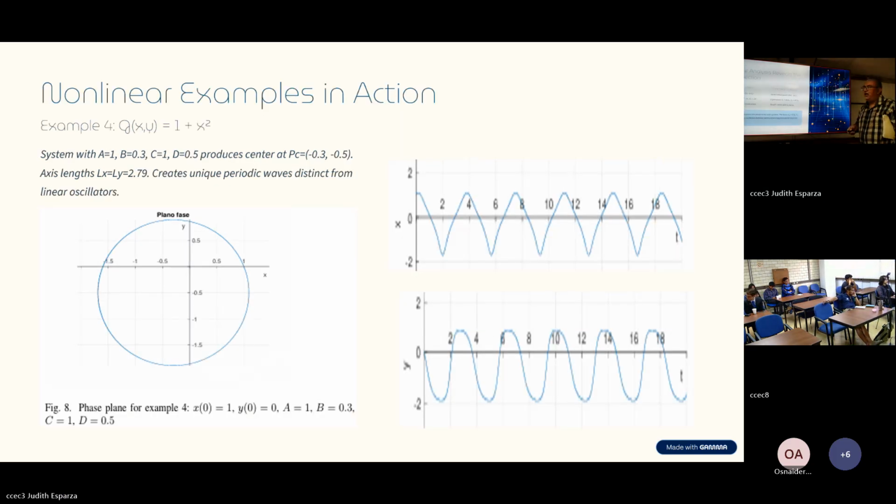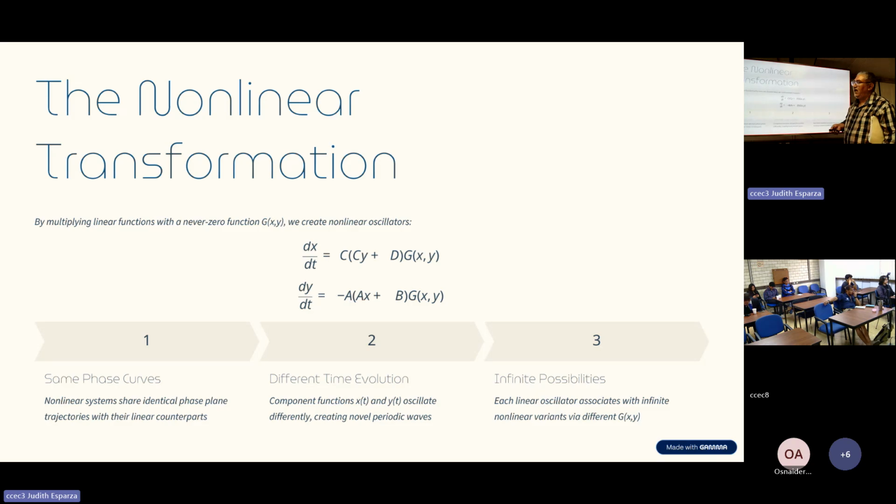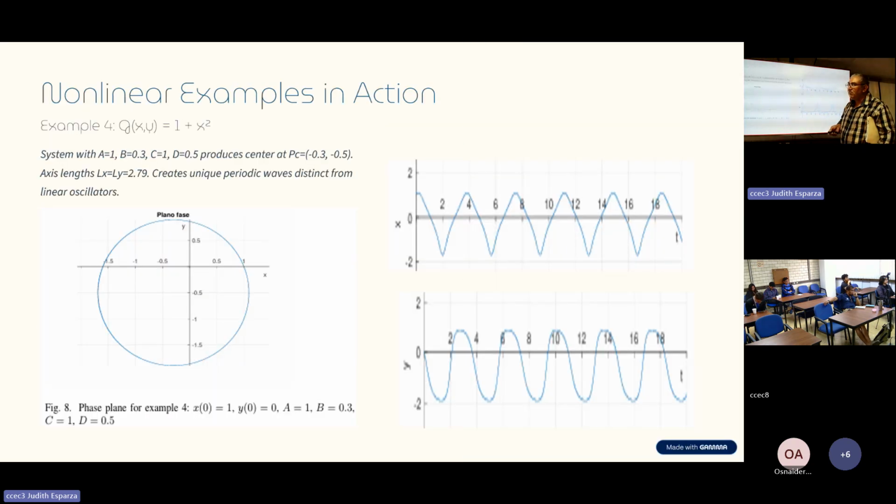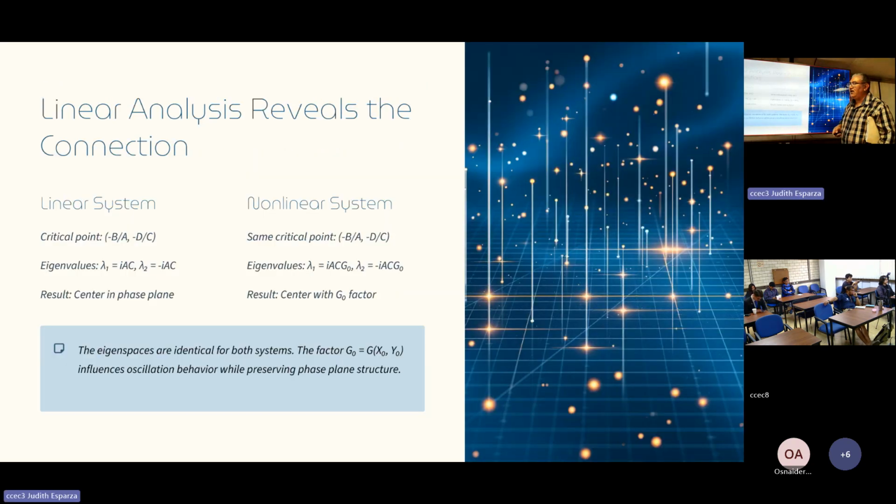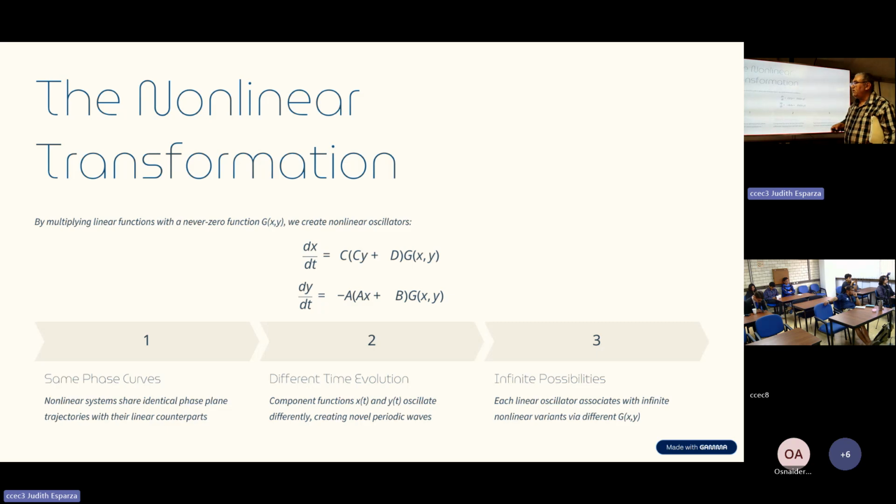Or we can use a fixed system, a linear fixed system. But if we change the G function, we continue having the same phase plane, and we can have an infinity of periodic component functions.